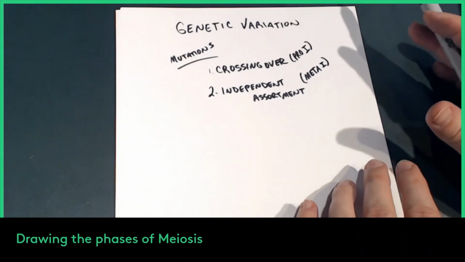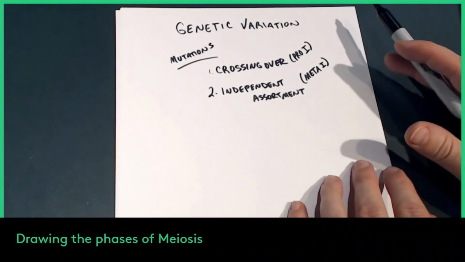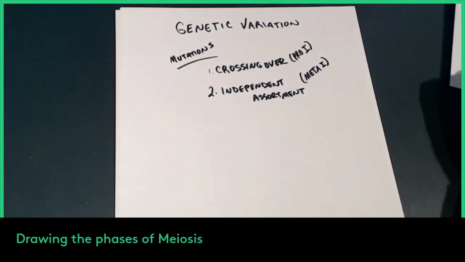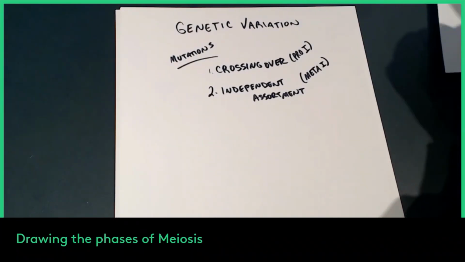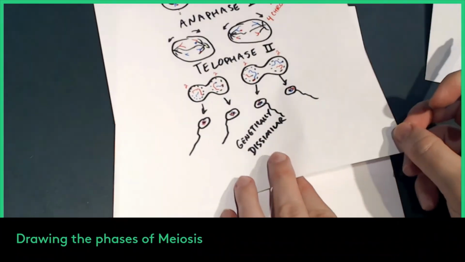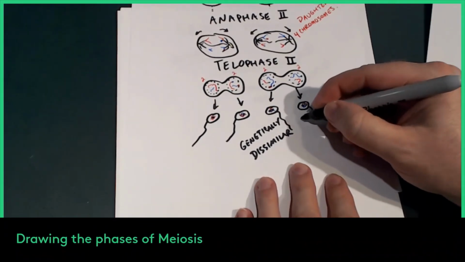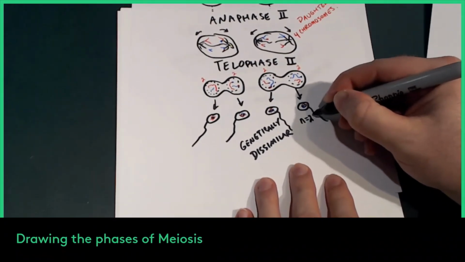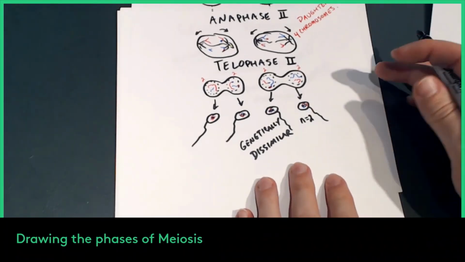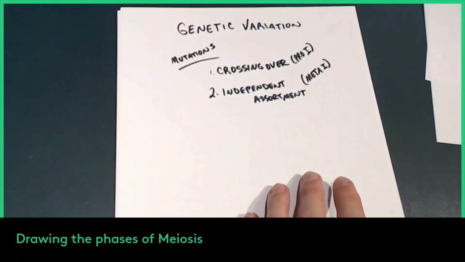Let's say we're all done meiosis. We're left with our 4 dissimilar haploid gametes, okay? So let's go back into here again and actually say what these things are. Every one of these cells is actually an n equals 2 or n equals 23 for a human. So let's talk about that.